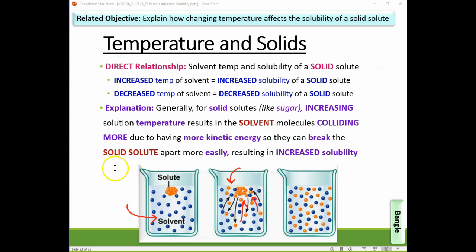It's kind of like if you think about using a hammer fast versus a hammer slow. Again, the faster you can hammer that solid solute, the faster it's going to break apart. And again, the hotter the solvent is, the more it can hammer at that solute, that solid, and begin to dissolve it. So that should make a lot of sense. Again, we should be pretty familiar with how hot and cold work with things like sugar. This is number 5. Pause the video, continue playing when you're ready.